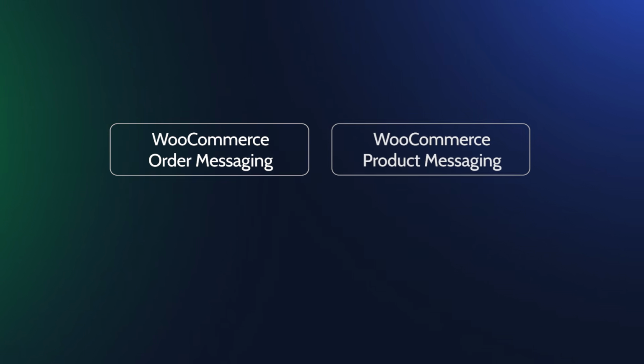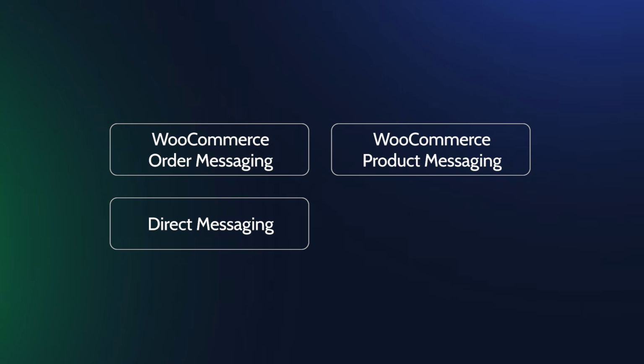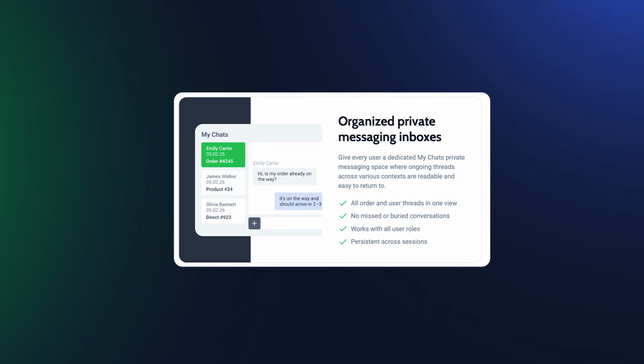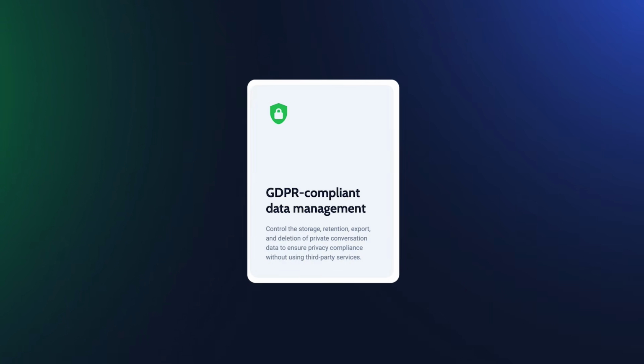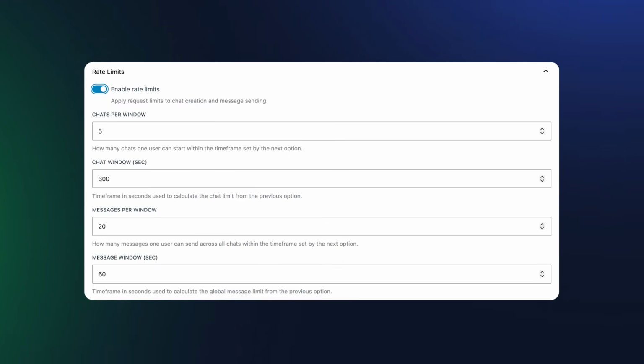Order chats, product chats, direct messages, and post-related conversations can all be routed to the right chat area or displayed together in one inbox. Besides that, JetMessenger also supports media attachments, notification controls, privacy tools like data export and erasure options, and rate limits to keep messaging cleaner and safer.